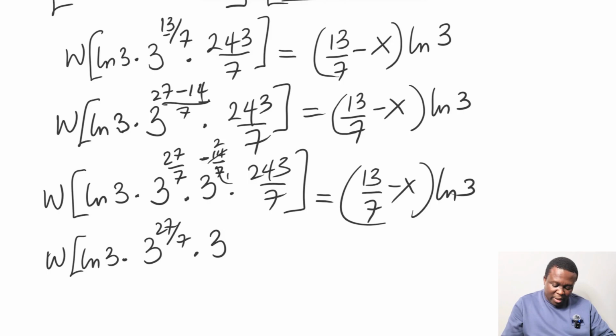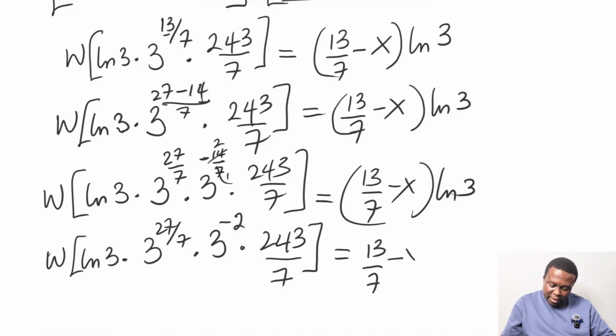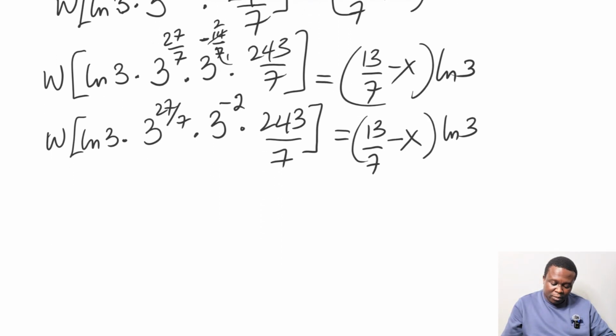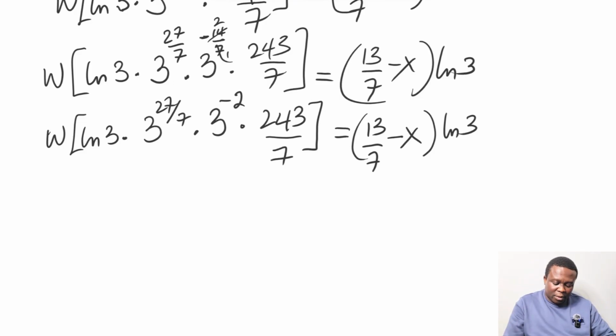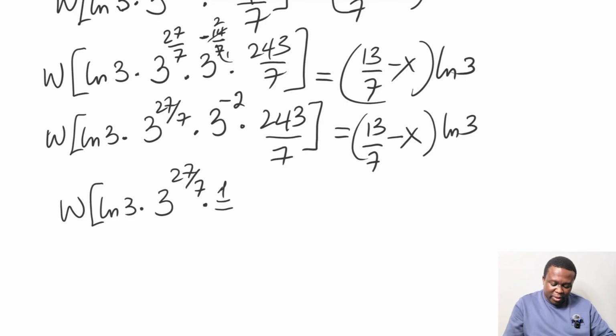3 raised to the power minus 2, times ln of 3. Now this becomes ln 3 times 3 raised to the power 243 over 7. 3 raised to the power minus 2 is the same thing as 1 divided by 3 squared, and we know that 3 squared is 9.